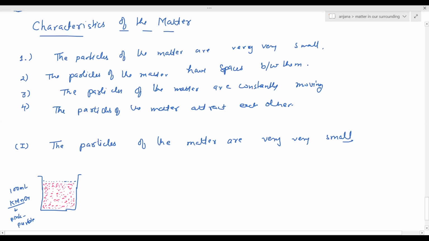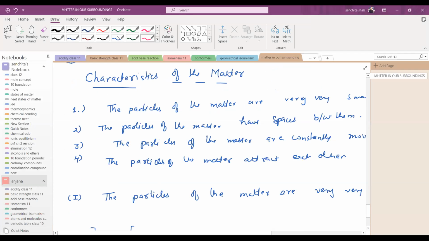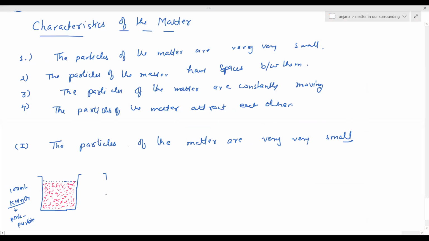Now suppose I am taking another beaker, and in this beaker I have 90 ml water, and I have added 10 ml of this solution to make it 100 ml.